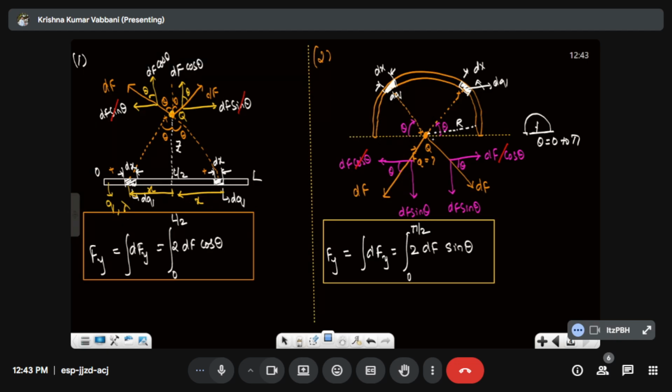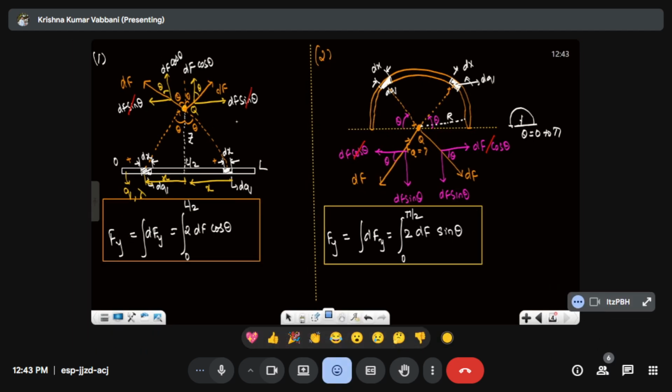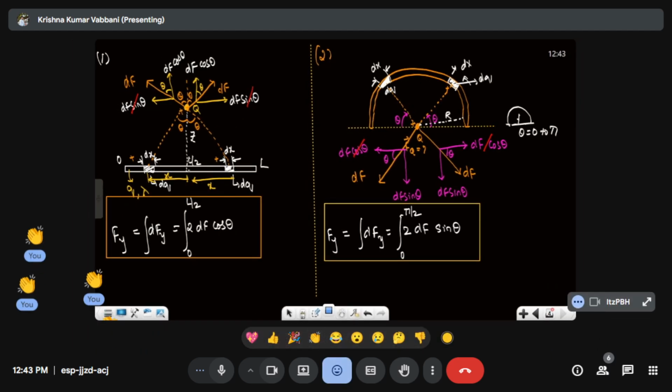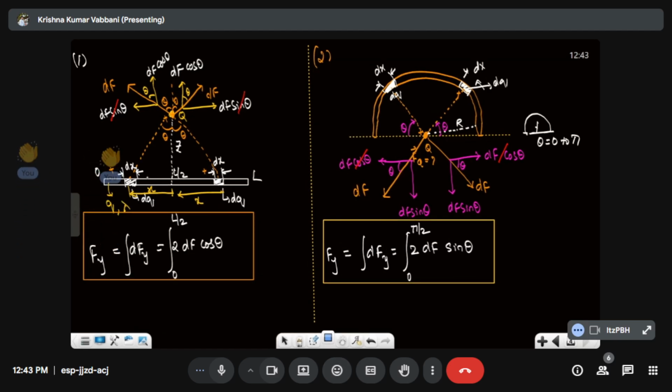But if you take the full limits, this problem gets a little bit difficult. So that's why in the symmetric case, I am taking two elementary charges. When I'm taking two elementary charges, I am taking half limits here. In the unsymmetric case, I cannot take two elementary charges, I can take only one elementary charge. There I am taking the whole.